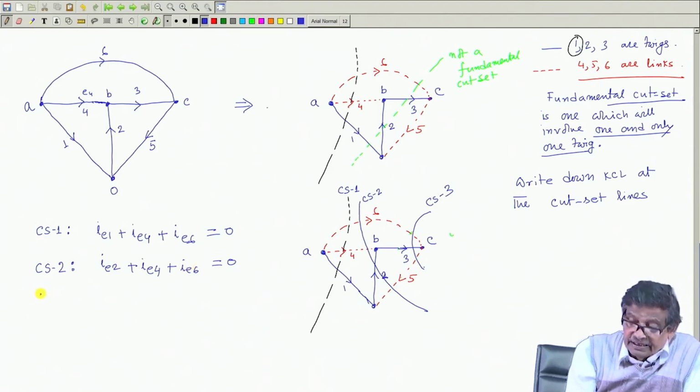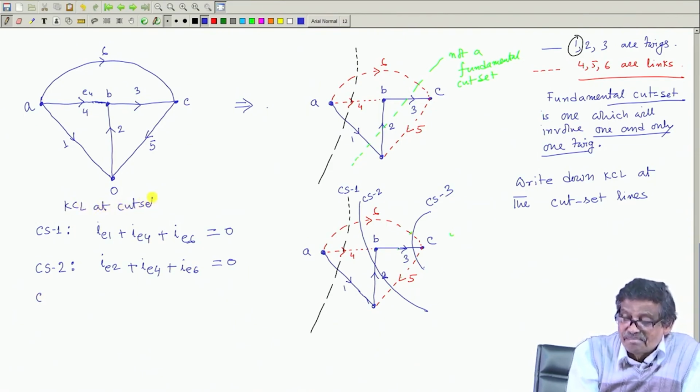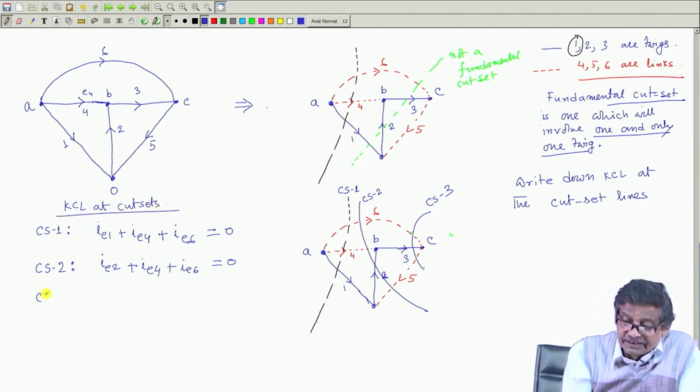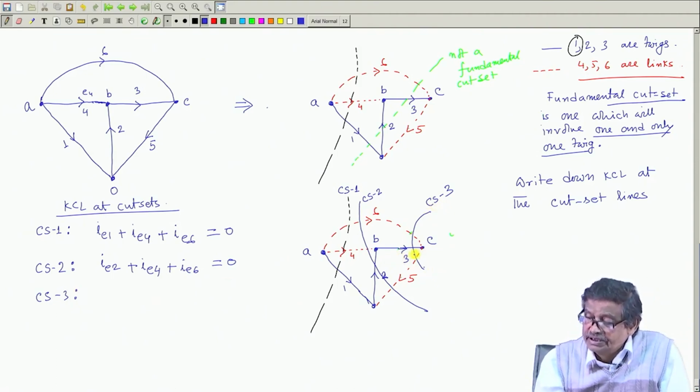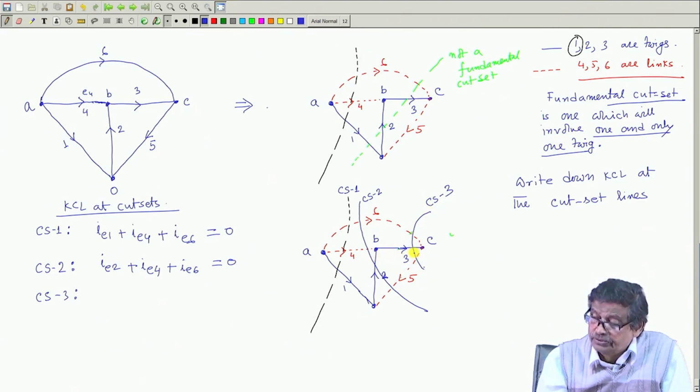Finally, I am writing KCL at cut set 3. What will be the KCL? So, here is the line. Twig 3 is the twig which is involved here, so that will decide the plus minus thing.